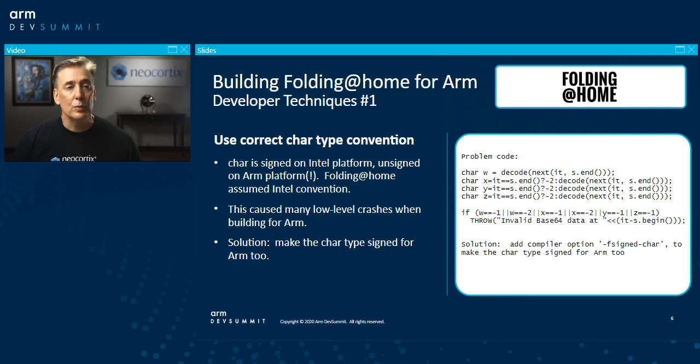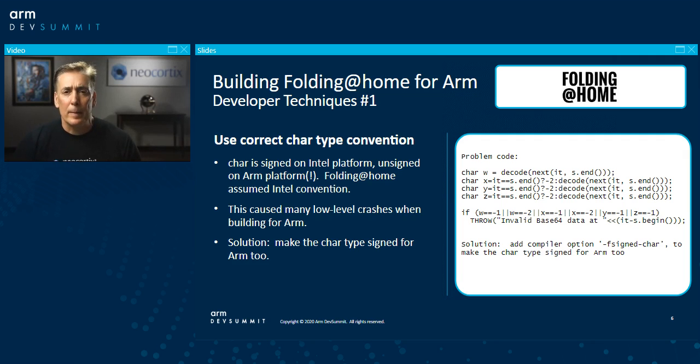Setting it to -2 assumes a signed value, which is what was assumed for the Intel code. Assigning -2 assumes a signed char, and then testing for it to be -2 fails on the ARM platform, because it's unsigned there and gets a value of 254.